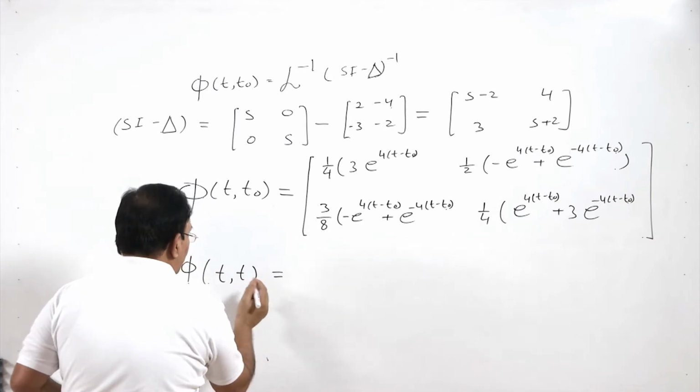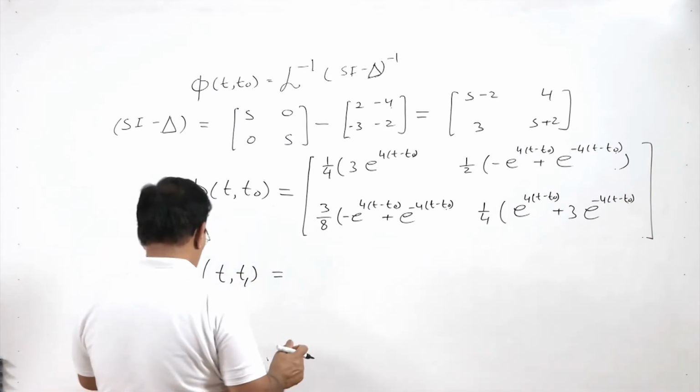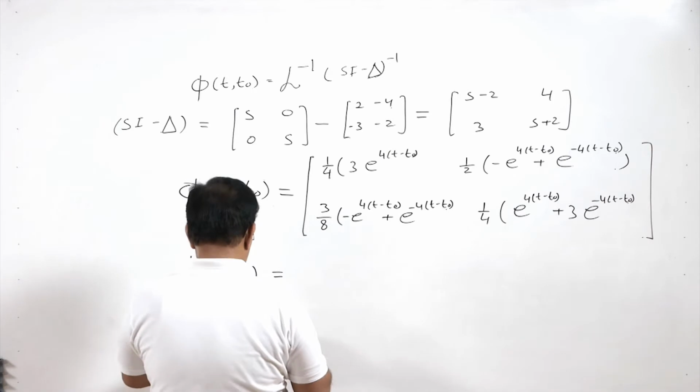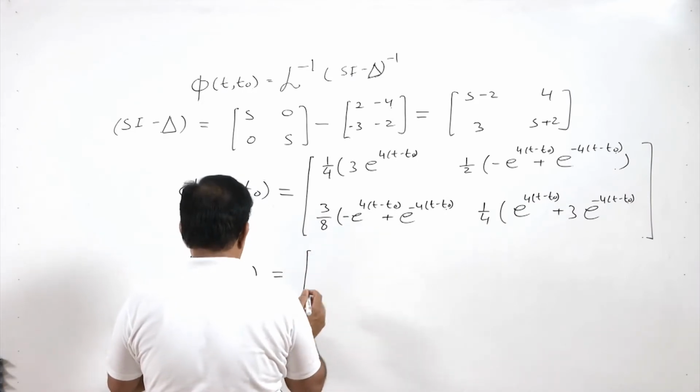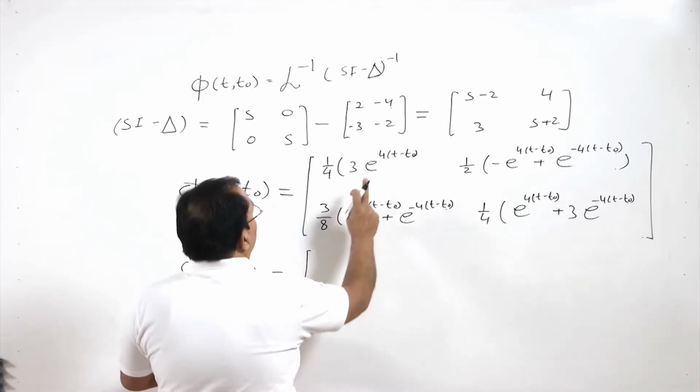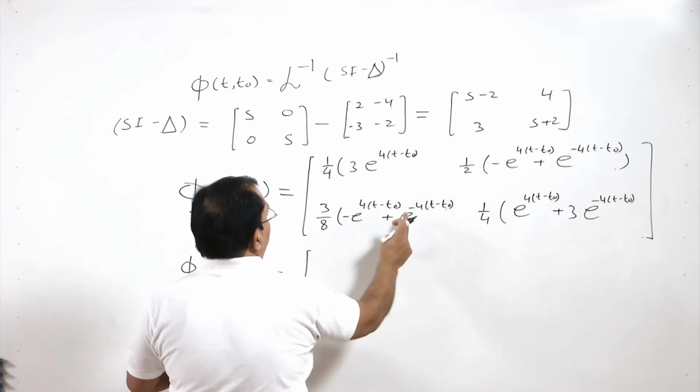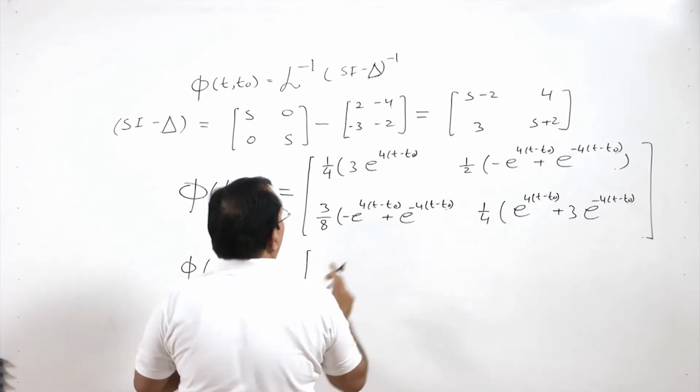So, we will take this as T0 to T1. So, we can write this matrix simply as, just these terms I have to reverse.